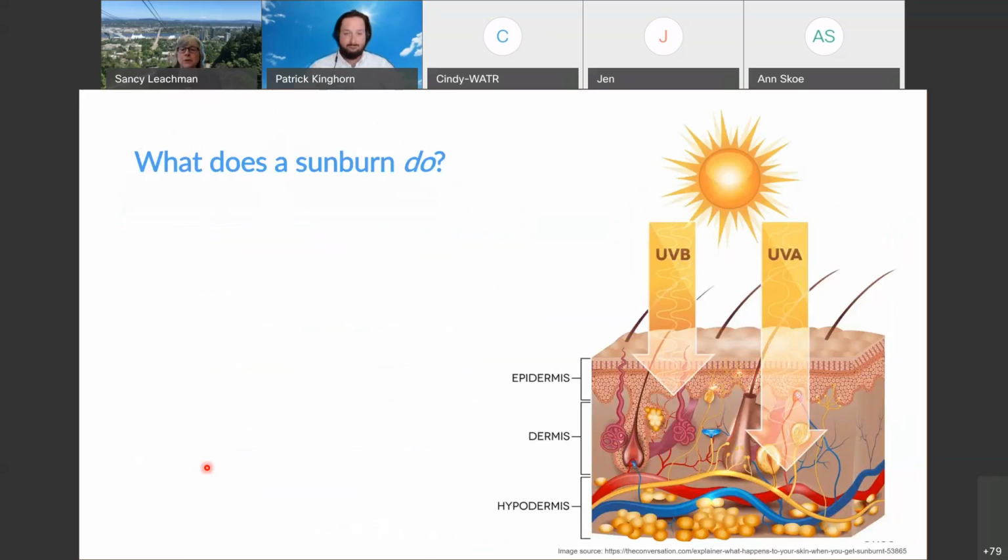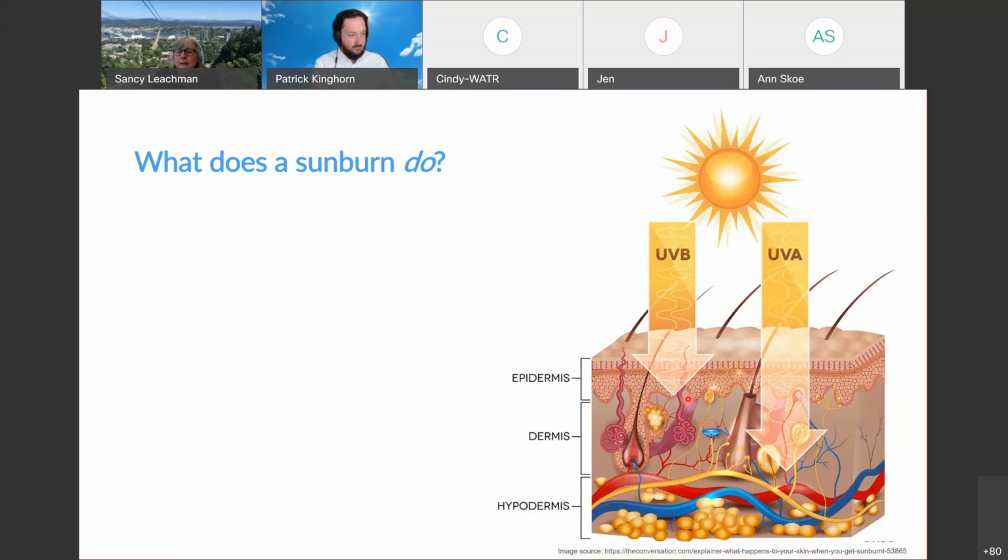So what does sunburn do? Here I've got a schematic of the skin, this is the surface of the skin and the little hair follicles coming out. As you can see, it's a really complex organ, right? There's a lot of stuff in there. There's an epidermis and a dermis, and below the dermis, the hypodermis, there's blood vessels and sweat glands, and oil glands, and capillaries and venules and all kinds of stuff that makes up the skin.